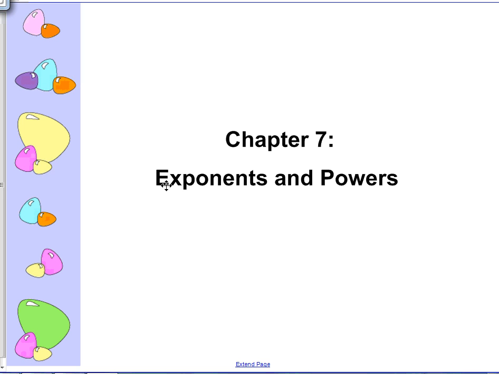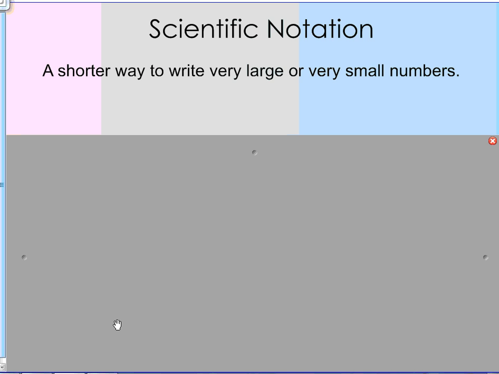All right, so the first thing we are going to do today is talk about scientific notation. Scientific notation is simply a shorter way to write very large or very, very small numbers. This is mostly used in the scientific world, especially by engineers or basically any scientist.